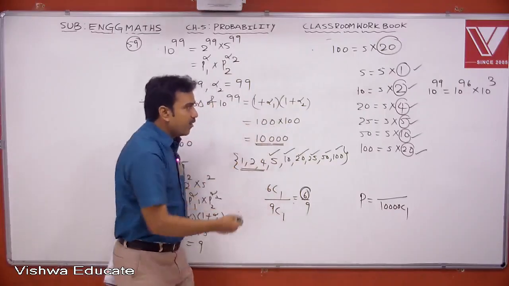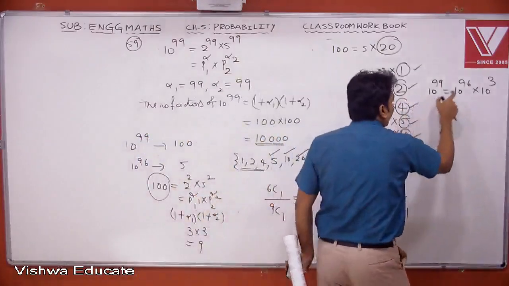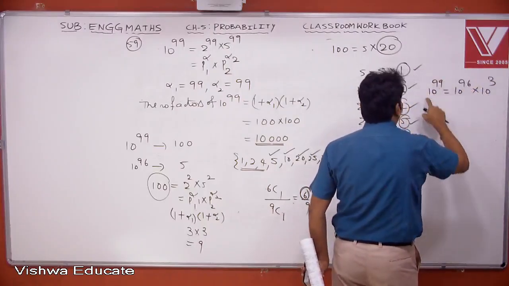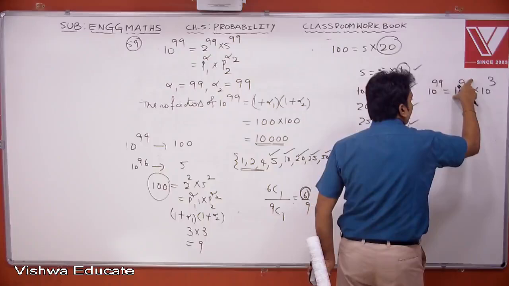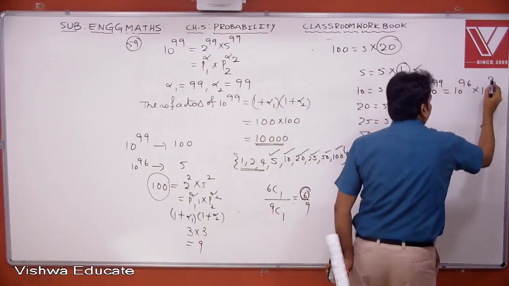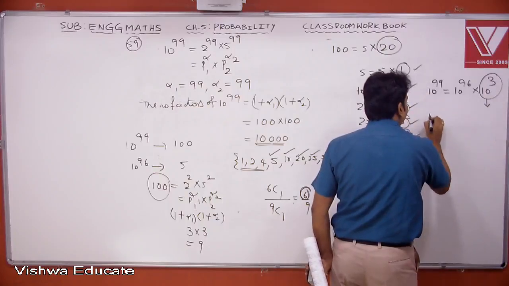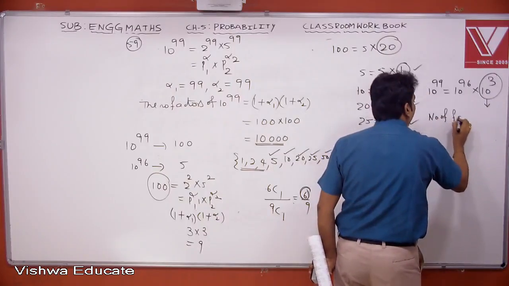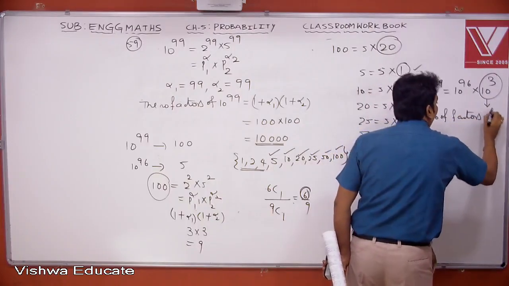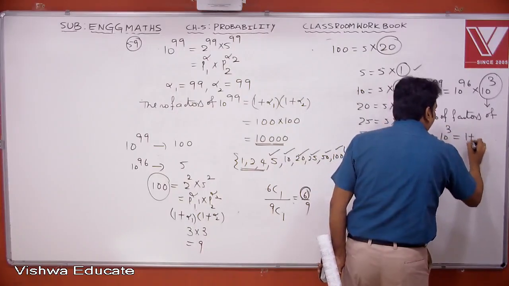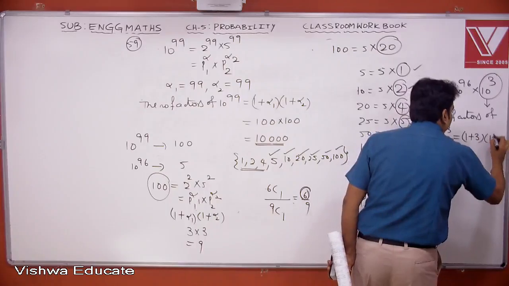In a similar way, 10 power 99 I can write as 10 power 96 into 10 cube, because they are asking how many factors of 10 power 99 are there which are multiples of 10 power 96. Now let us find the total number of factors of 10 cube. The number of factors of 10 cube is 1 plus 3 into 1 plus 3.